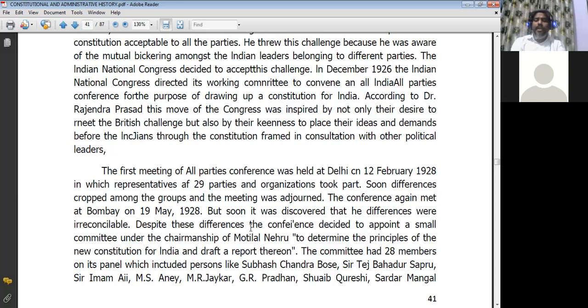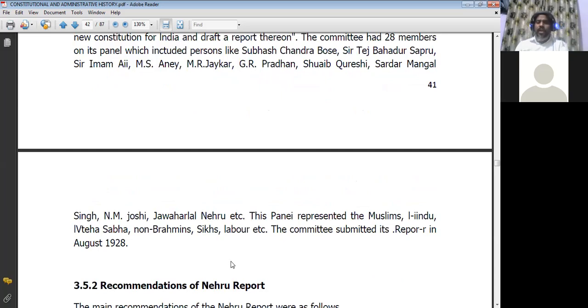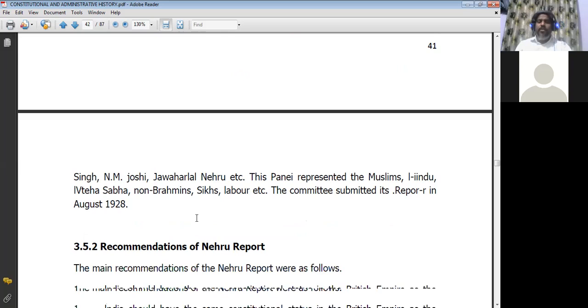Okay, so the committee had 28 members on its panel, which included persons like Subhash Chandra Bose, Sir Tej Bahadur Sapru, Sir Imam Ali, M.R. Jayakar, G.R. Pradhan, Shuaib Qureshi, Sardar Mangal Singh, N.M. Joshi, Jawaharlal Nehru, etc. And this panel represented the Muslims, Hindus, non-Brahmins, Sikhs, labor, etc. The committee submitted its report in August 1928.